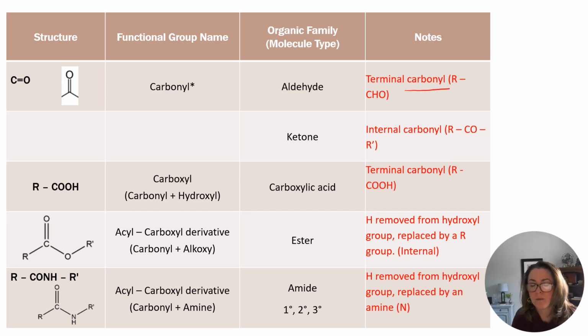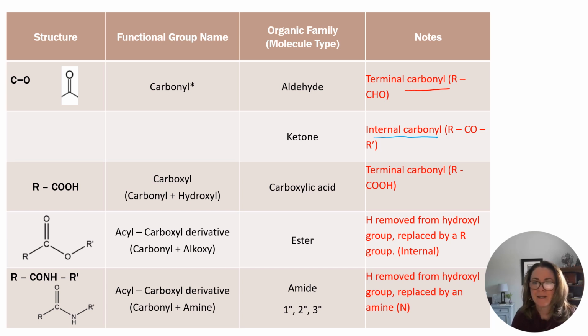That is what is going to make it an aldehyde, whereas a ketone is going to be an internal carbonyl. And I'll show you some examples in the next few slides.